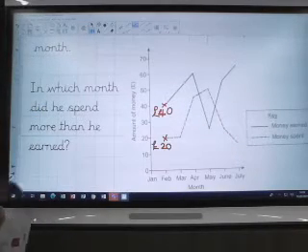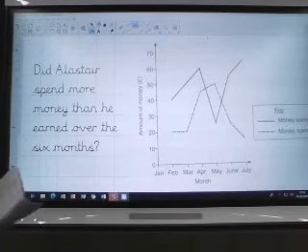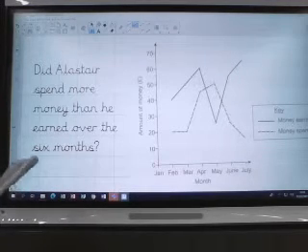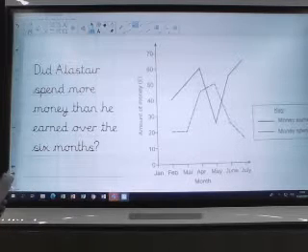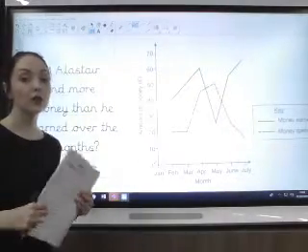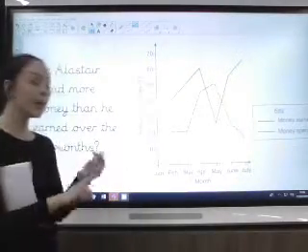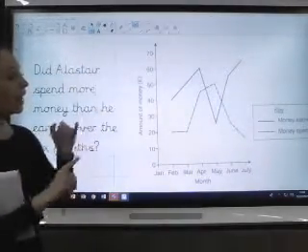Okay, your next one then on the same graph says, did Alistair spend more money than he earned over the 6 months? And it does say, show your working in the box. So for this one, you're going to have to work out how much money he's earned each month and add it up.